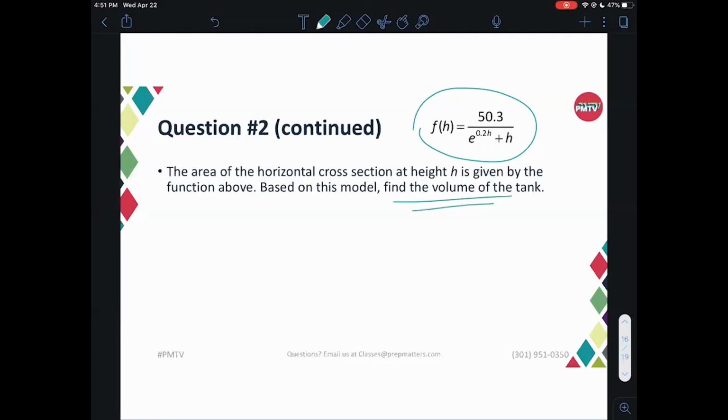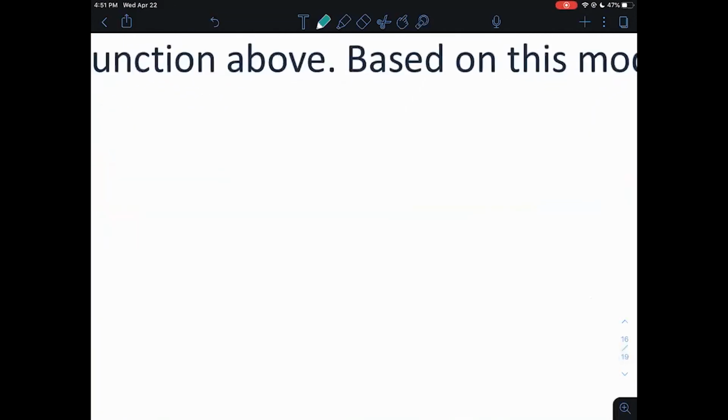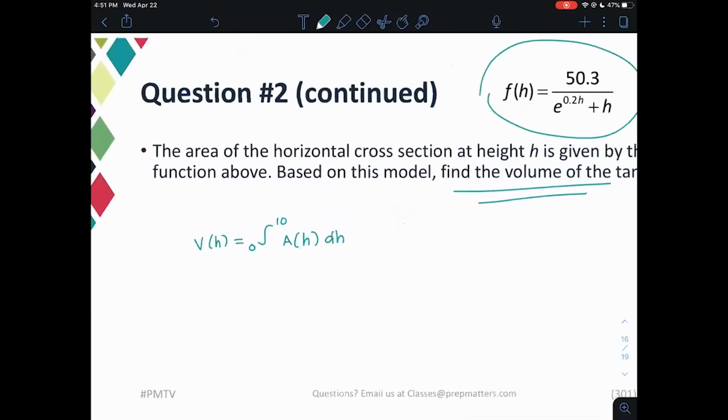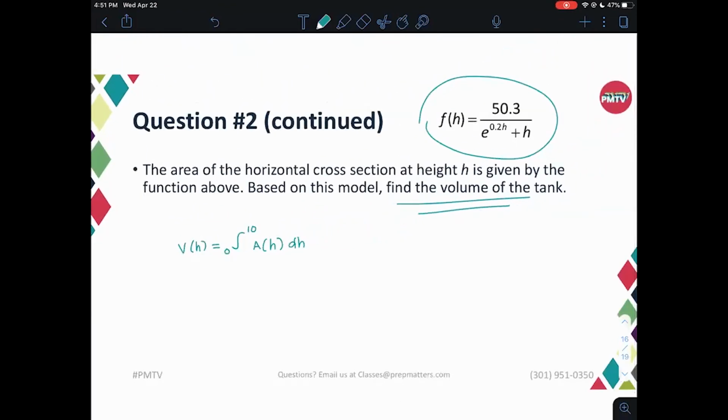So find the volume of the tank. Well, I already know the volume of the tank is the integral from 0 to 10, not t, sorry, I don't know why I wrote that, V of h, the integral of A of h dh. Again, we're being told that this area is now able to be represented by this function f of h.